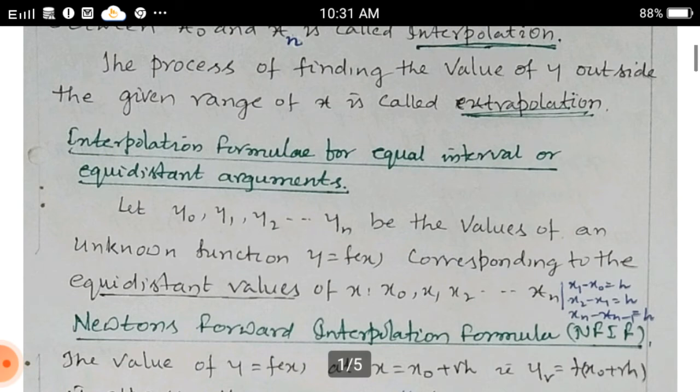And also, we learned the definition of forward differences, that is, delta f of x is equal to f of x plus h minus f of x. And we know how to write the first order forward difference, second order forward difference, third order forward difference, and so on, and also the nth order forward difference.